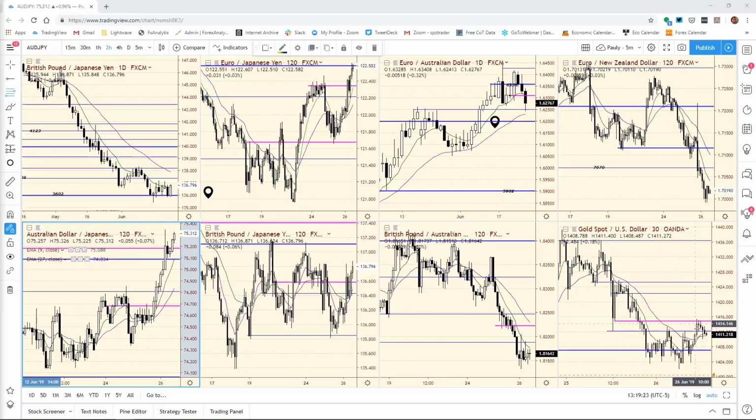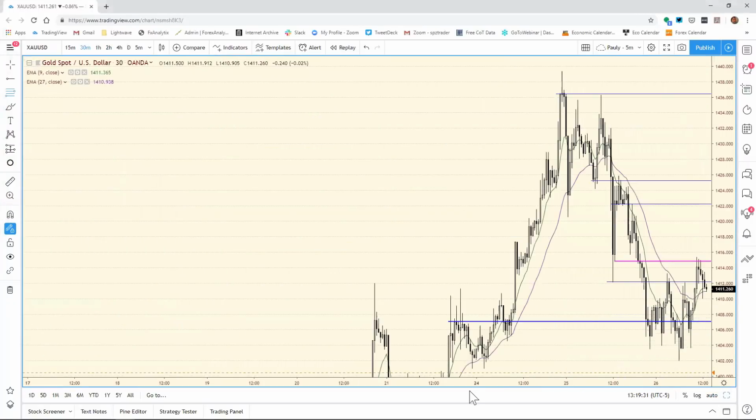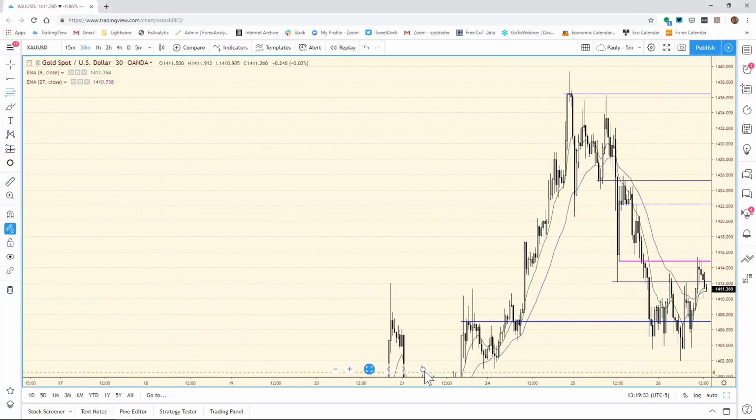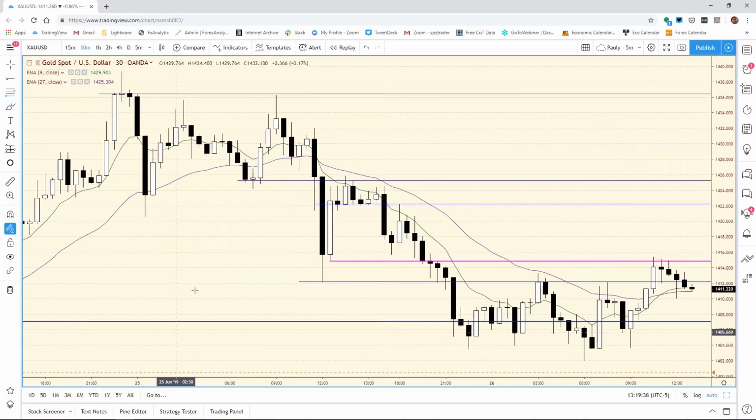Well, as I said, we're starting to see gold kind of slip back a little bit. This has been a pretty good fall, and when you look at this on the gold, here's my thoughts here. Once again, when you're looking at it on a very shorter term basis, let's say on this 30-minute, you've had a pretty good little fall back.